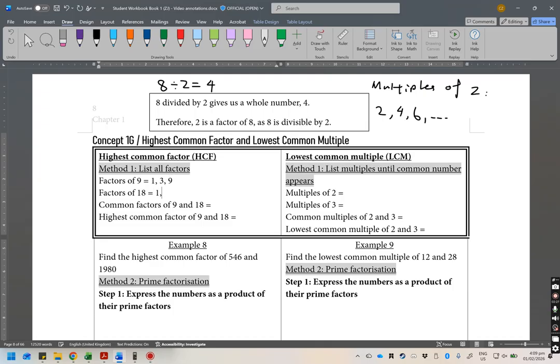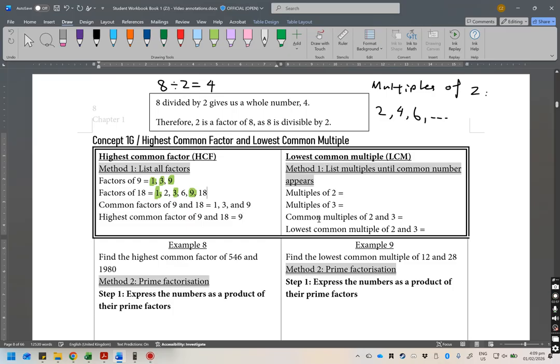For 18, 1, 2, 3, 6, 9, 18. So from here we can see that 1 is common, 3 is common, 9 is common. So 1, 3, and 9 are common factors. And out of these 3 common factors, the largest of them all would be 9.